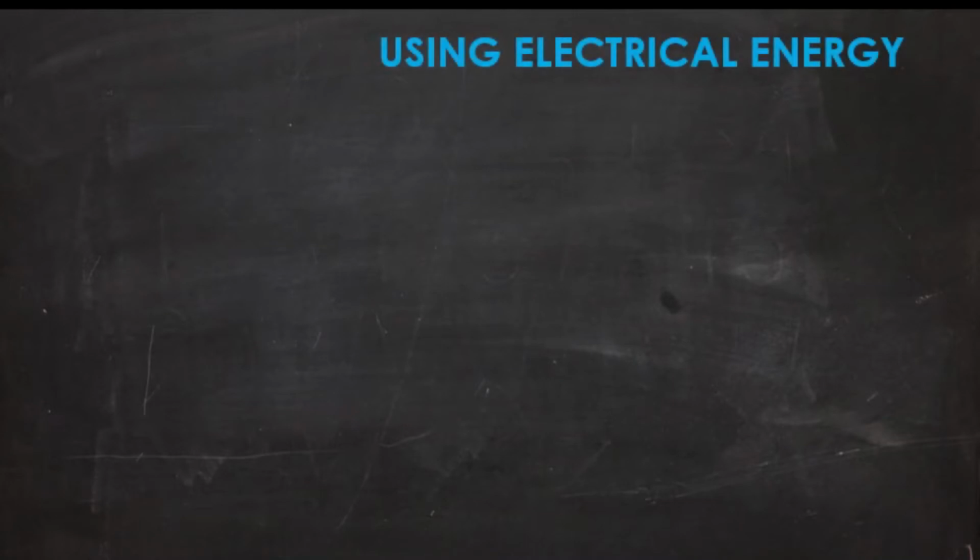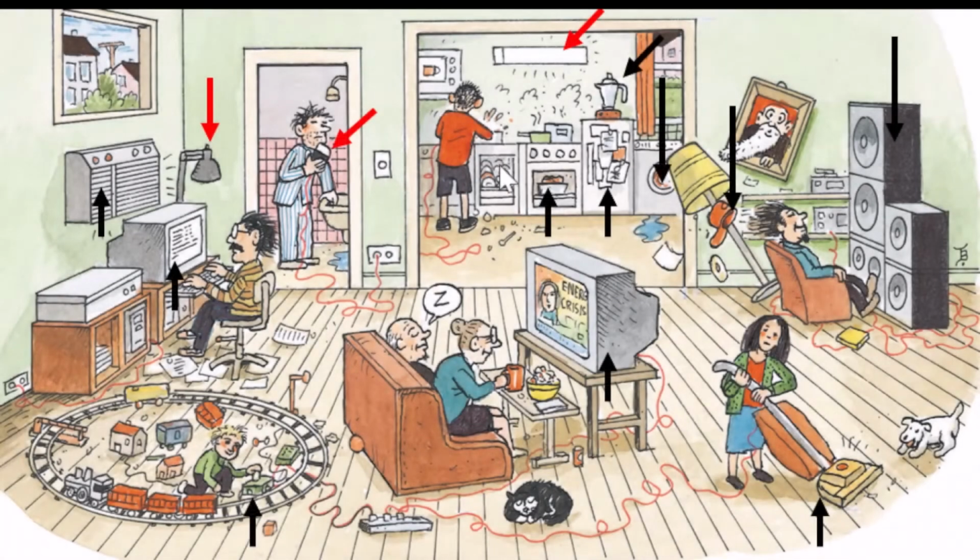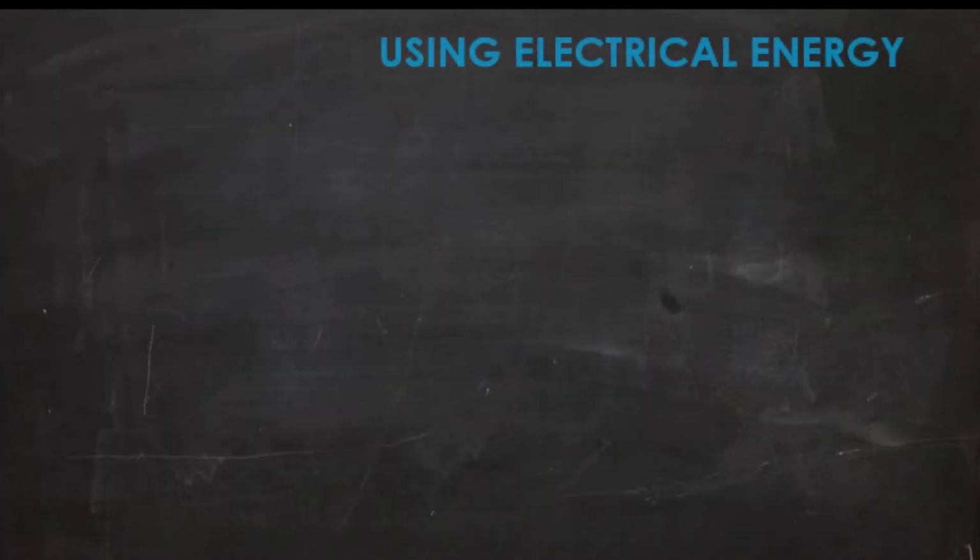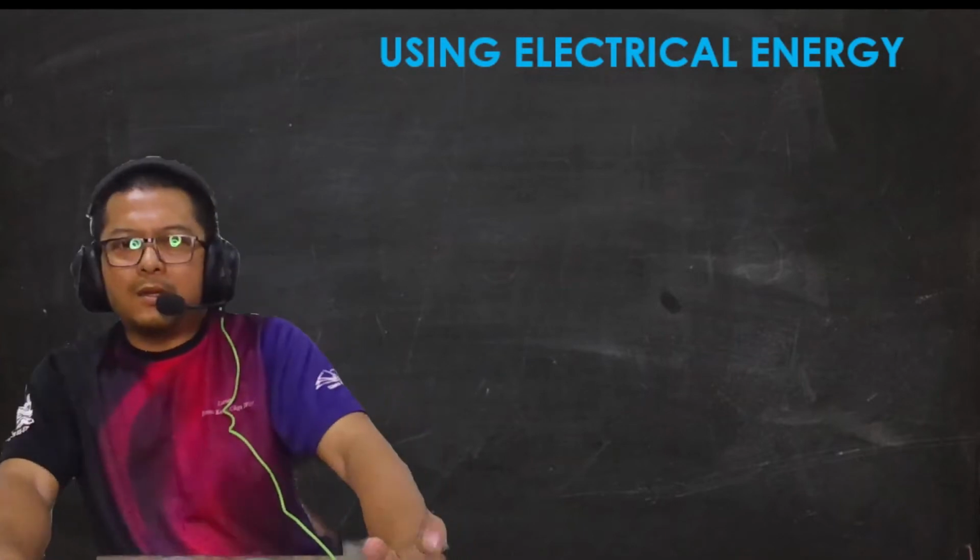And no more, actually there are some more. I think this is a dishwasher, but I'm not sure. But it doesn't really matter. There are a lot of objects in our home that use electricity. Okay, we shall move on.